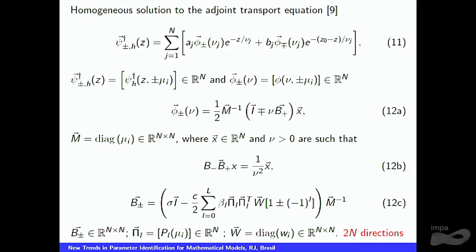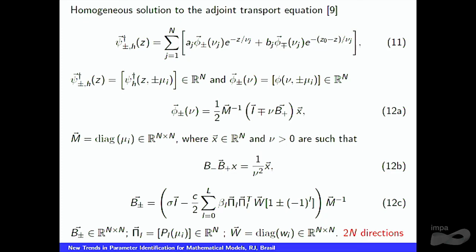One of the good features of the method proposed some years ago is that we are able to develop an eigenvalue problem with size of half the number of directions. That was different from the methodologies used before, and it gave us very good results in the solution of many problems. We were able to do that again here for the solution of the adjoint problem.